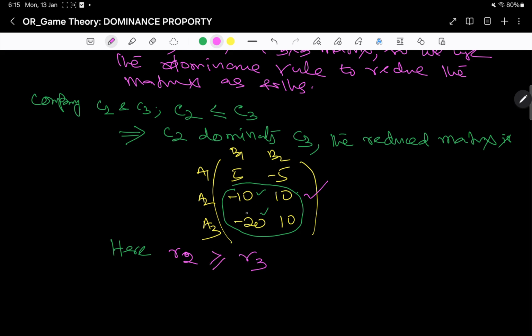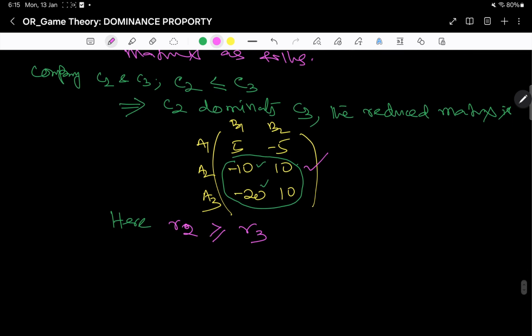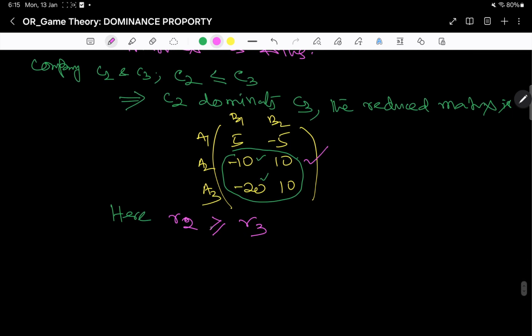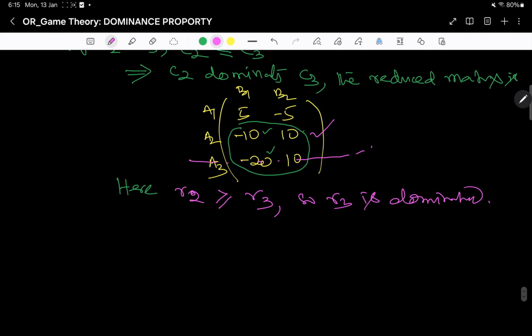Row 2, minus 10, is greater than minus 20. R2 is larger here, so R3 is dominated, and this row will now be omitted.